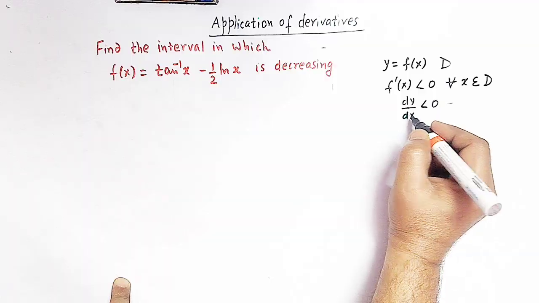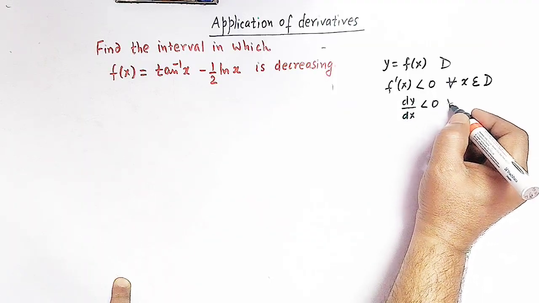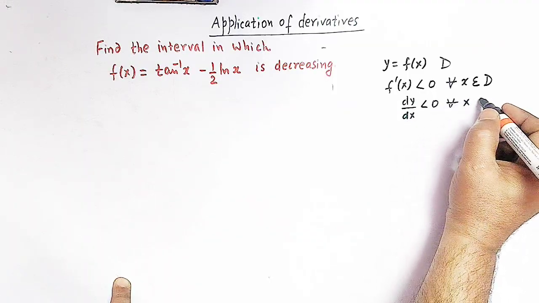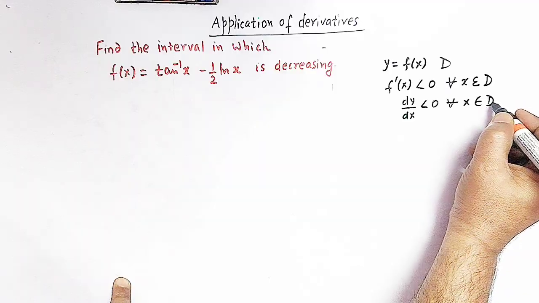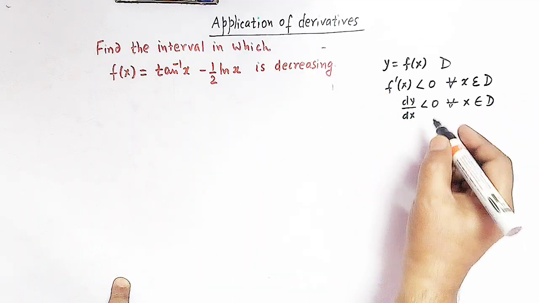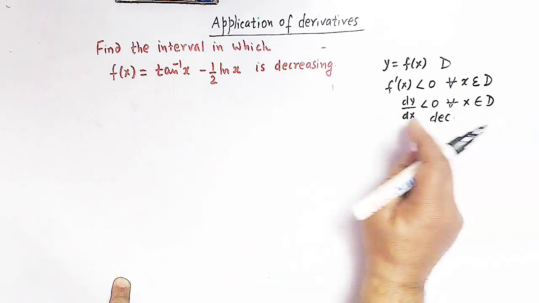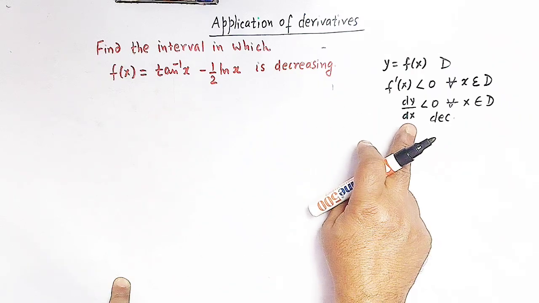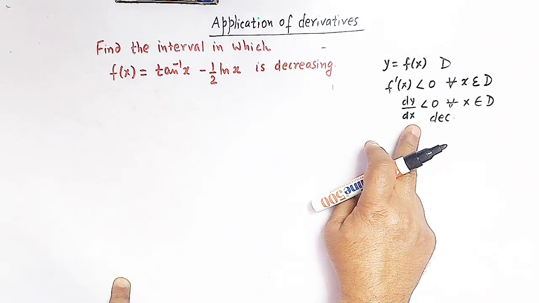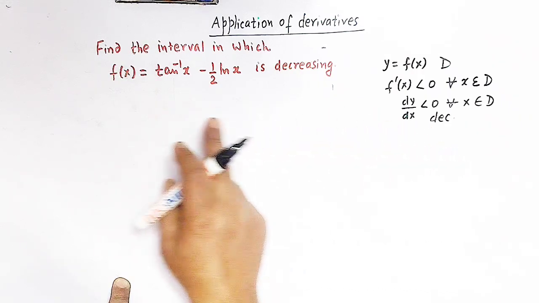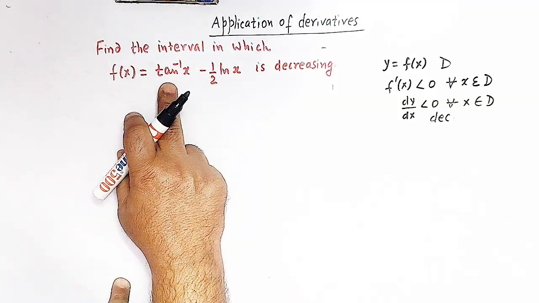So if dy over dx is less than 0 for all x belonging to the domain D, then the function is said to be a decreasing function. Here we'll apply this definition of decreasing function to find the interval.